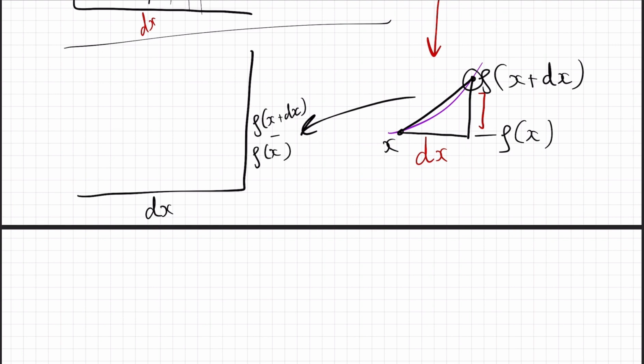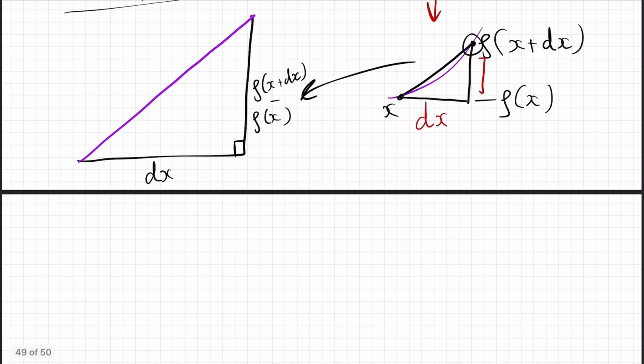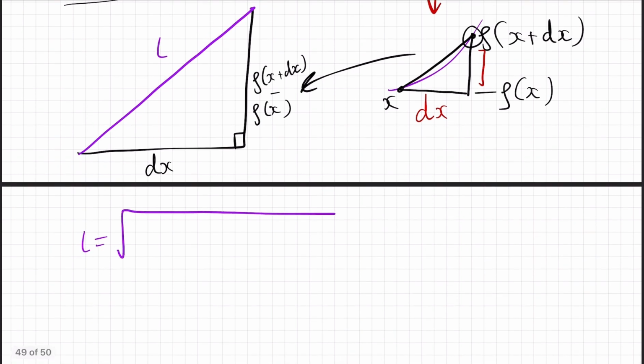And now we're trying to find this length, like this. So knowing Pythagoras, we can work out that length, we'll just call the length L. We know L is going to be the square root of dx squared plus this squared.